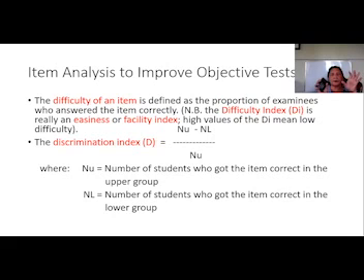So if you have 20, 20, the split number is 20. Okay, instead of 40, 20, 20. So NU here is the number of upper scorers.